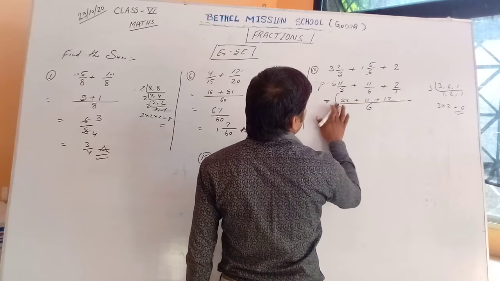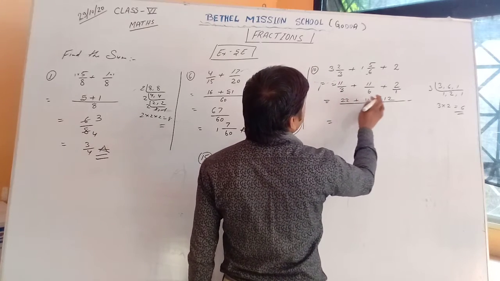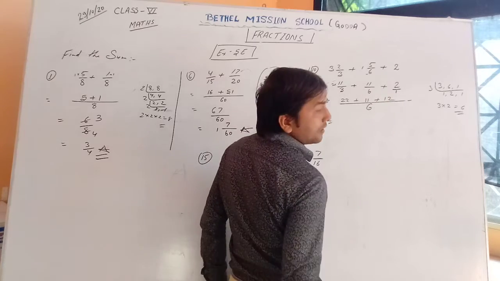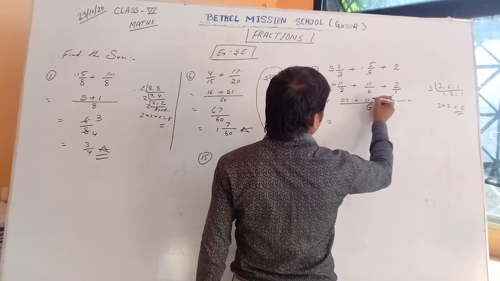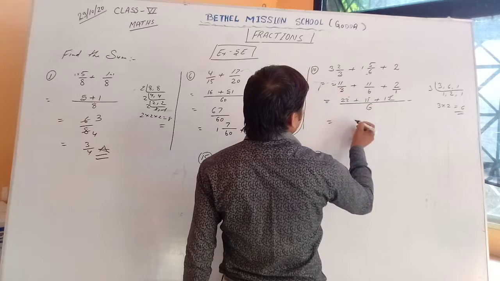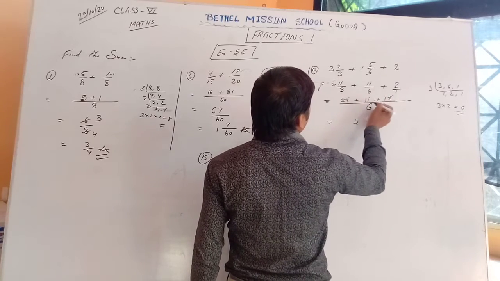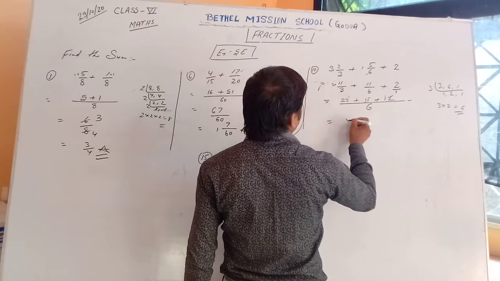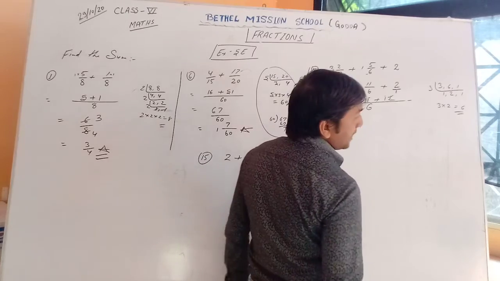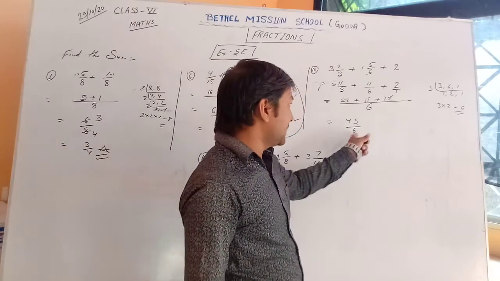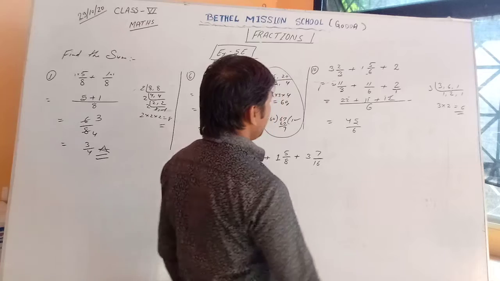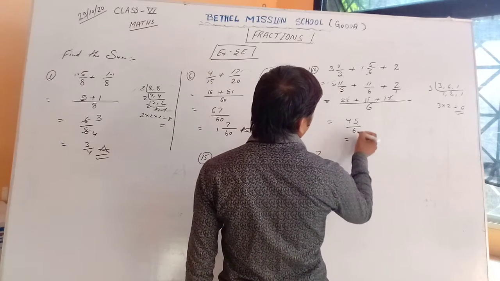Now add all the numbers, 22, 11 and 12. That gives 45 upon 6. And now here the numerator is greater than the denominator. You have to divide. So now divide.